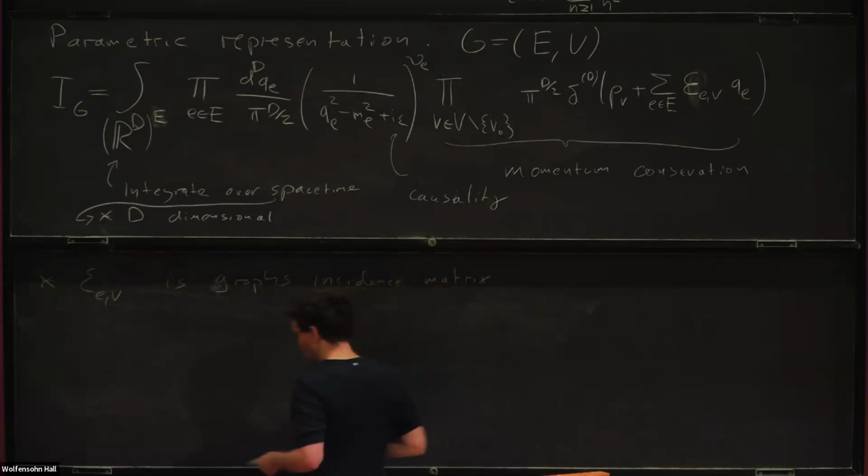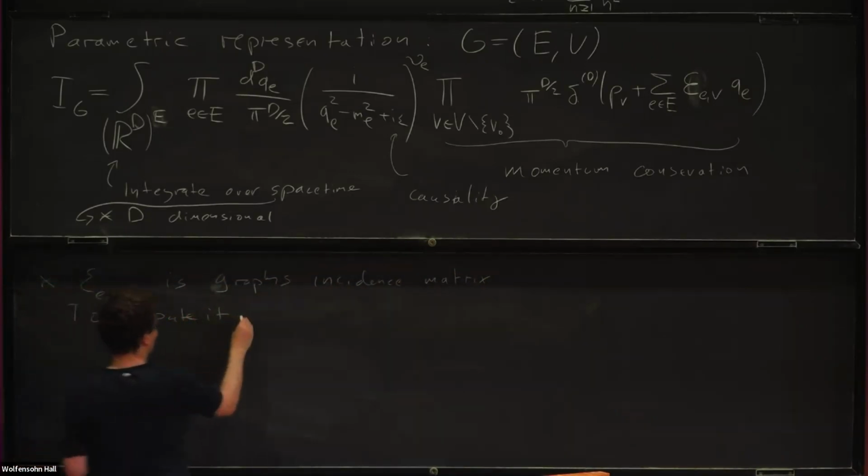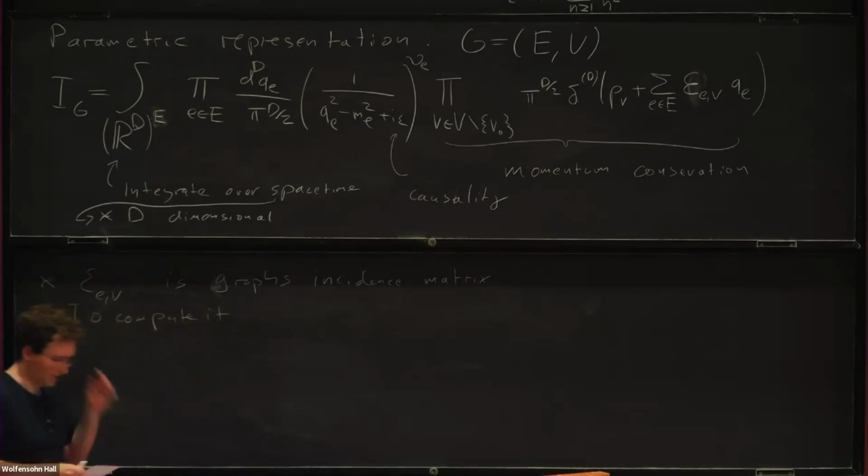So this is where the combinatorics actually come into play. And to compute it, we need an arbitrary orientation on the graph's edges.